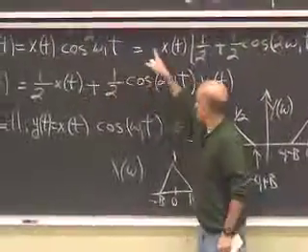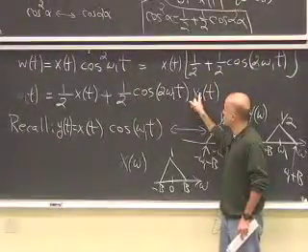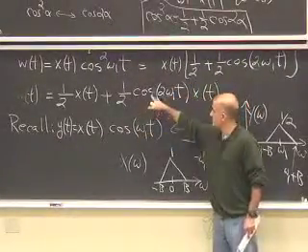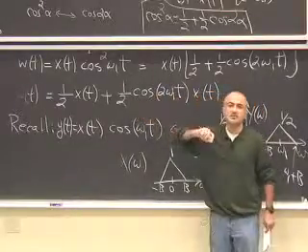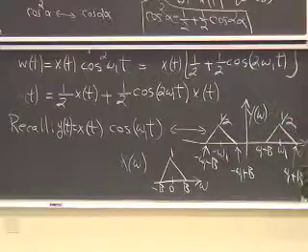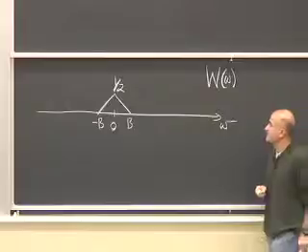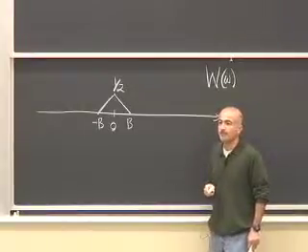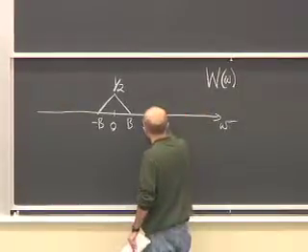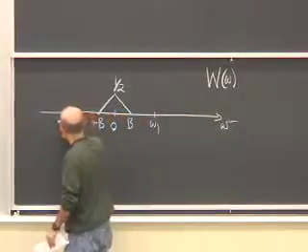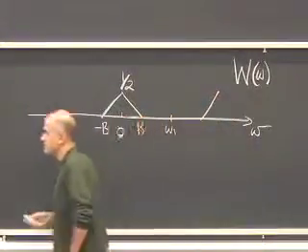Then I have this term. I have x multiplied by not cosine omega 1t, but cosine 2 omega 1t. And on top of that, I have a 1/2. So what does that look like? Let's superimpose it in this picture. Very good. So you have one centered at, whoops, let's draw the figure to scale.